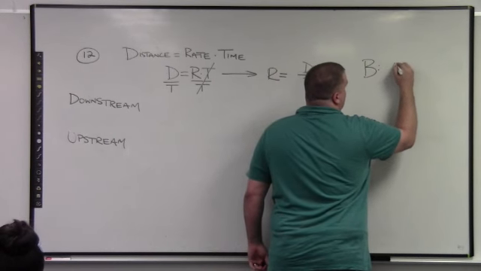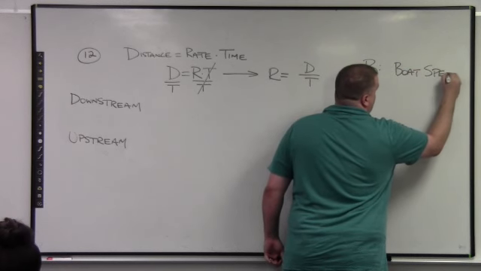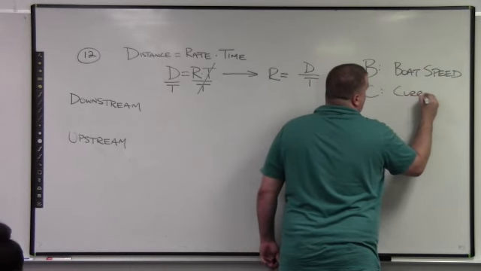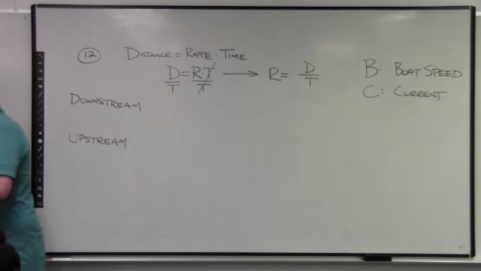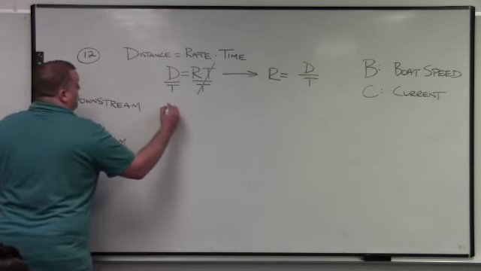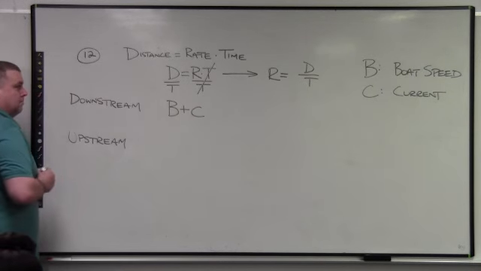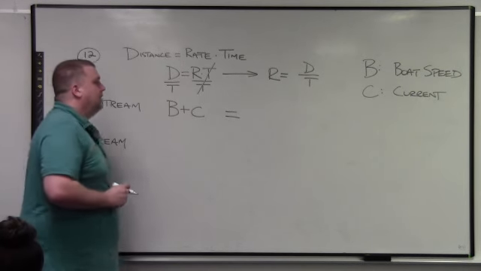We've got b, we'll call that the boat speed, and c we'll call the current. So if I'm going downstream, is the current going with the speed of my boat, or going against the speed of my boat? It's pushing it, right? It's adding to it. So downstream, my speed will be the boat speed plus the current, and that equals the distance divided by time.